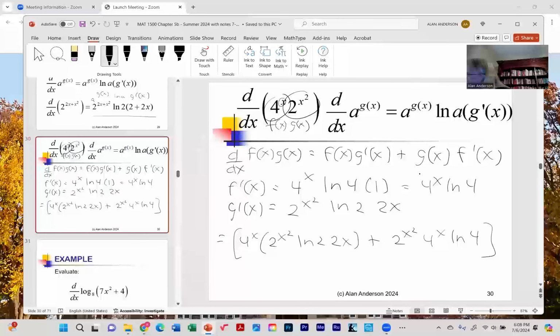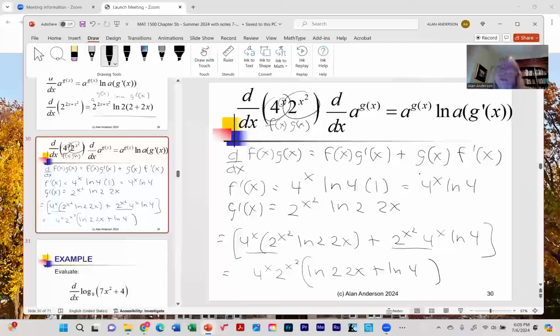Wow. Yeah, that looks kind of messy, but we do have some common factors at least.